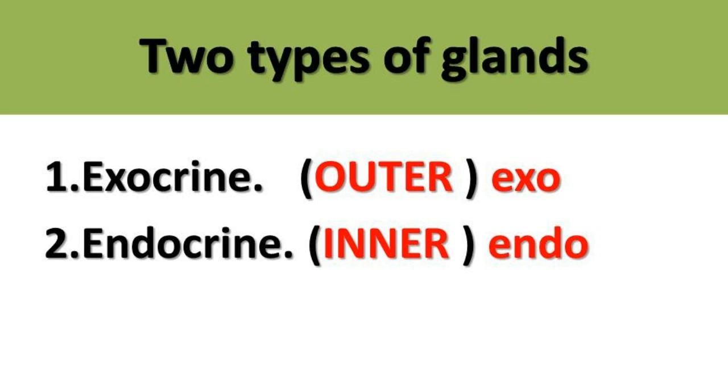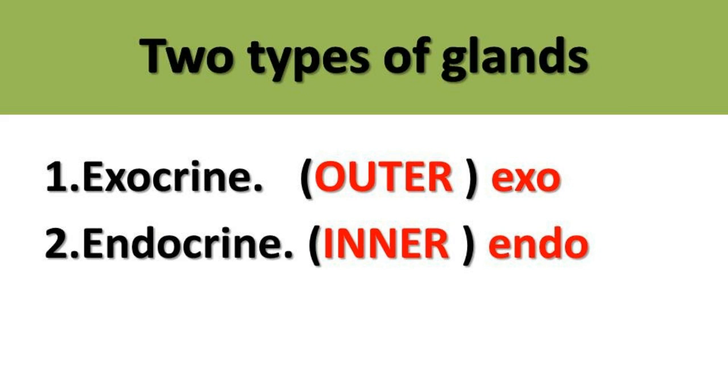In our body the glands have two types. How many types do the glands have? Two types. First one is exocrine, second one is endocrine. Exocrine means what? It is outer gland.